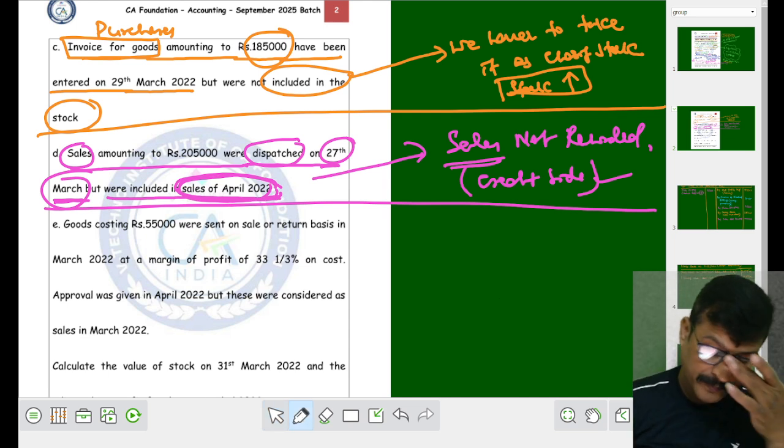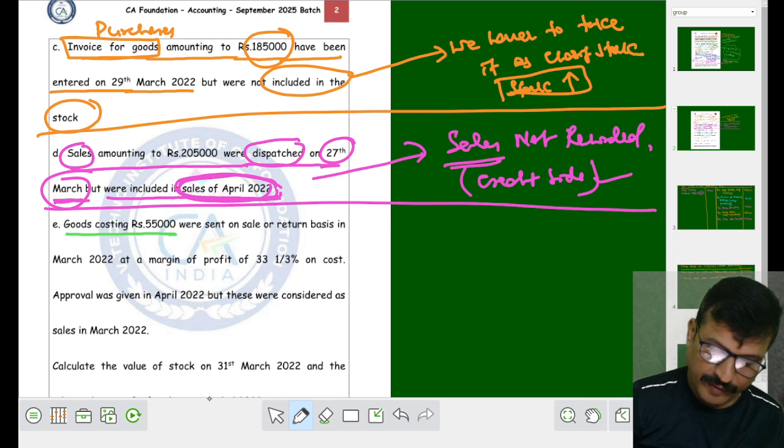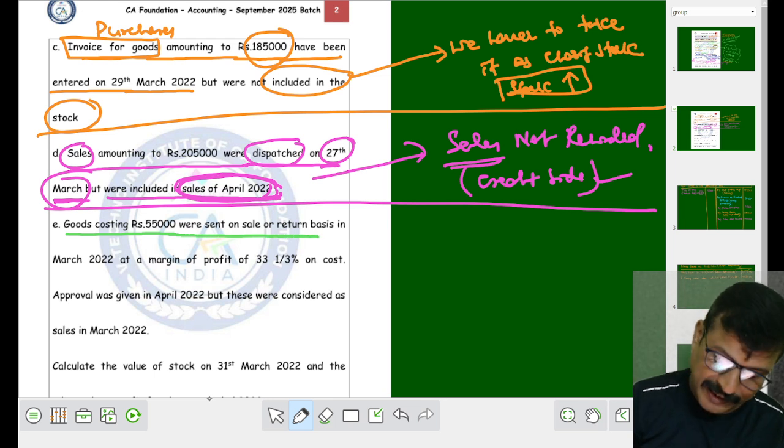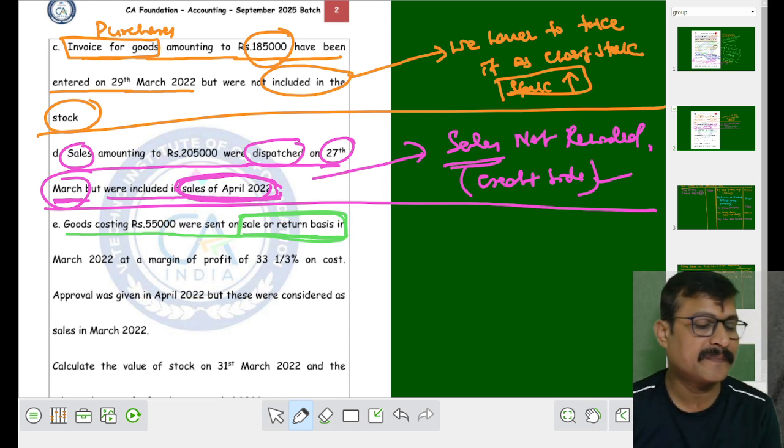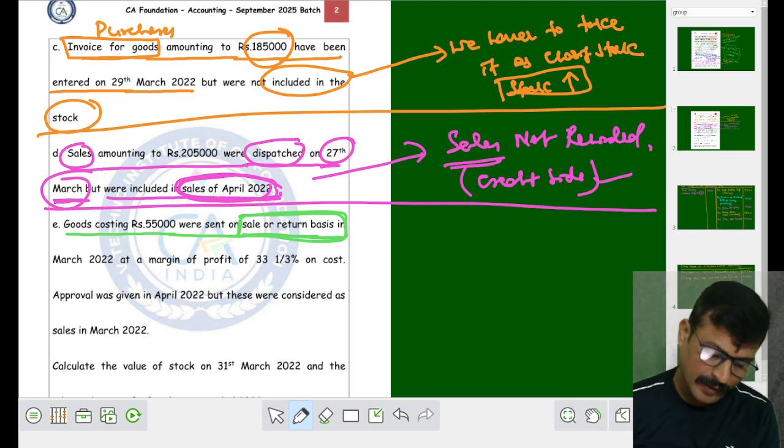Okay, now see. Goods costing 55,000 were sent on sale or return basis. कैसे सेंड किए आपने? सेल और रिटर्न बेसिस से सेंड किए, है ना? अब क्या हुआ?